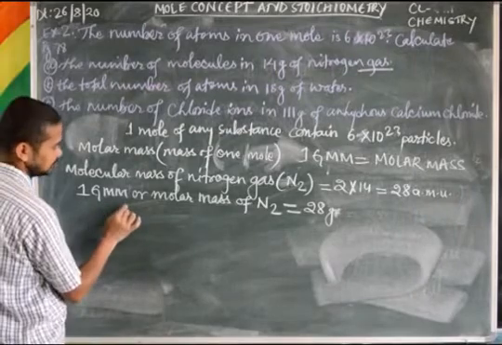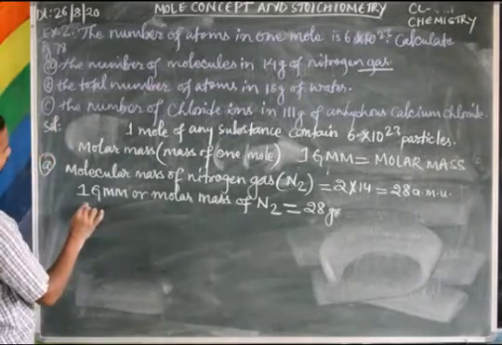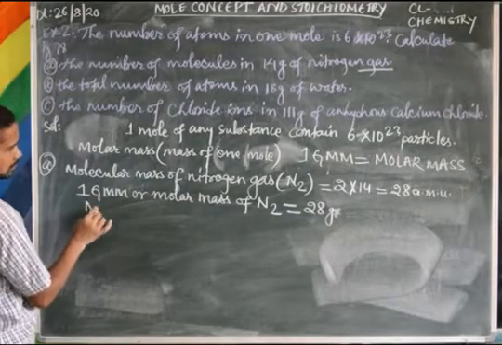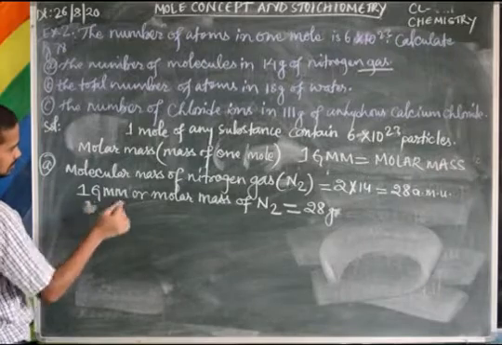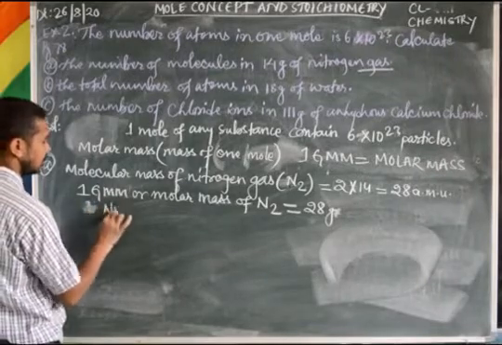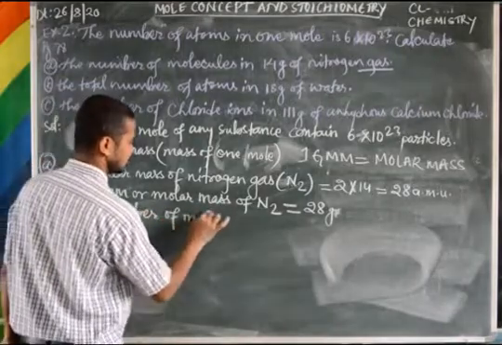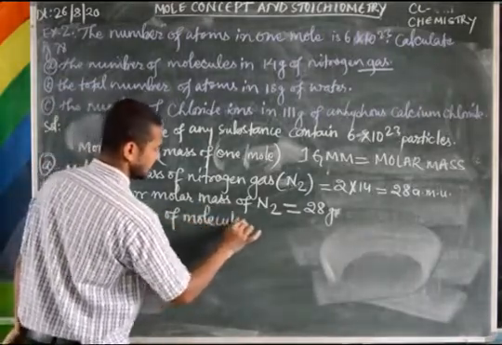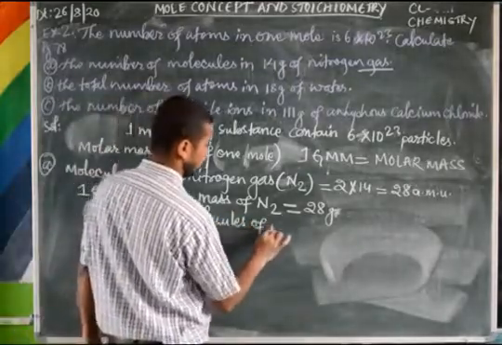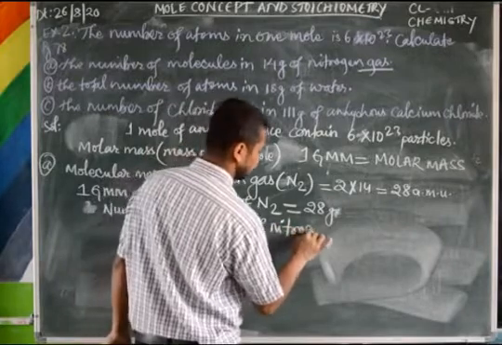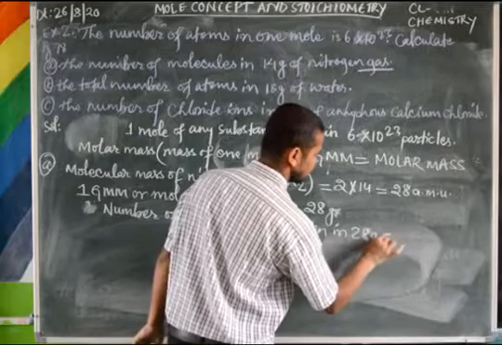This means number of molecules of nitrogen in 28 gram is equal to.